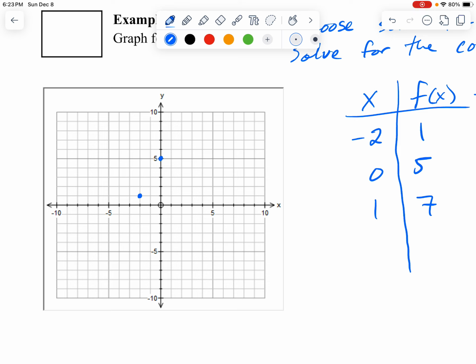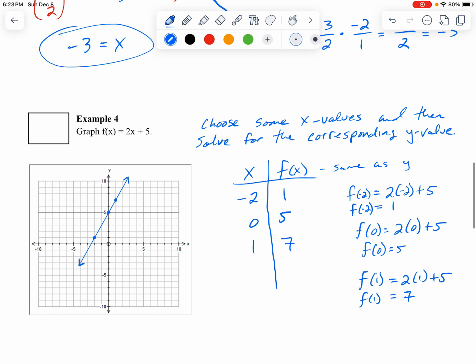And 1, 7 is a third point. And if we did this correctly, we should have a nice straight line that just goes through all of them. And that's how we do our graph.